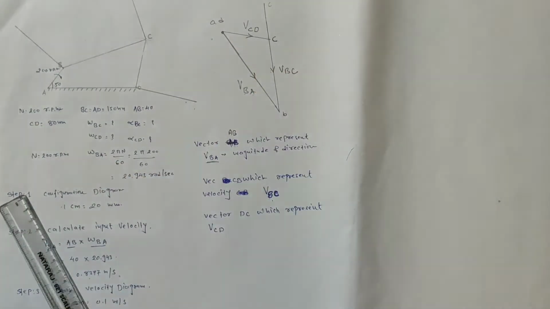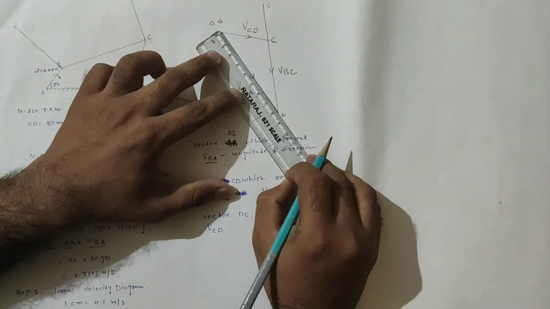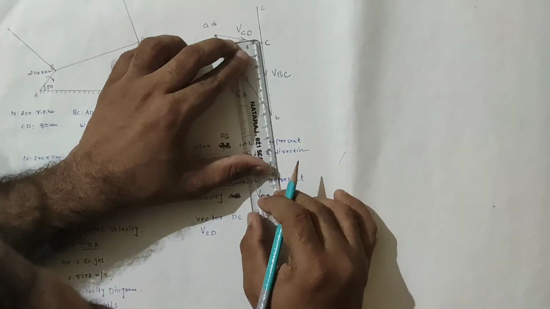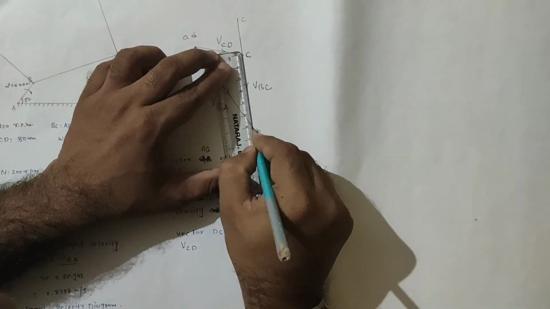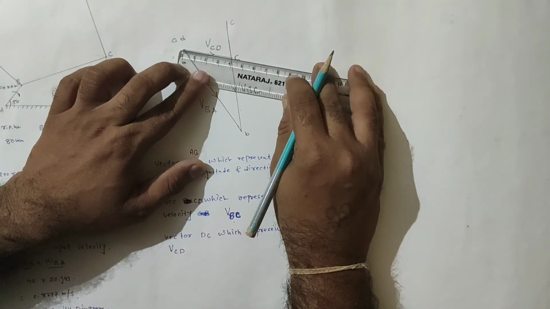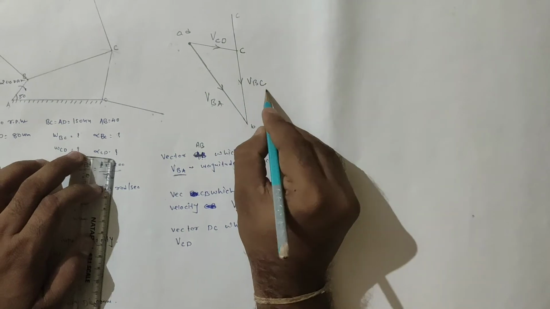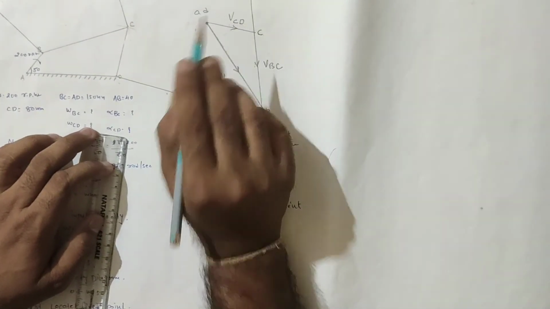So now with the help of the scale we have to measure all the dimensions. This is BC, that we have to represent as 6, and this DC as 4. This indicates the velocity of BC, it means the magnitude of BC, and this indicates the magnitude of CD.